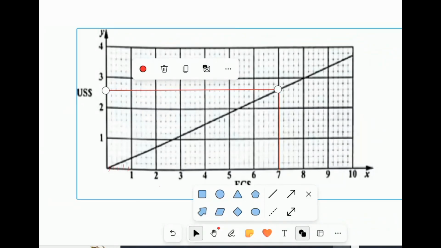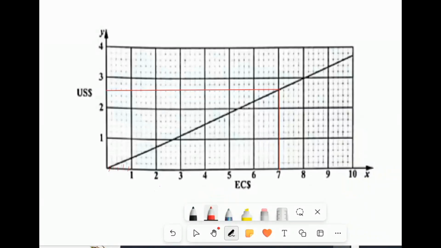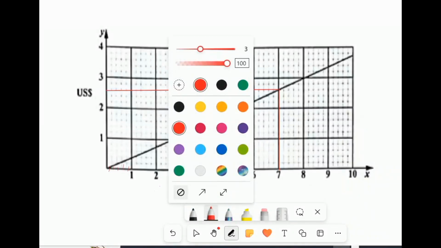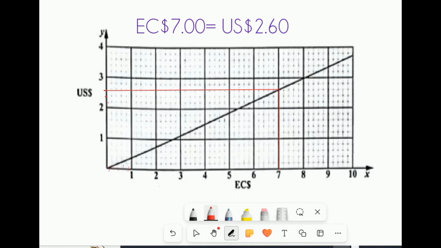There we go. So let's see how much it is. So right here is 2.2, right here is 2.4, and right here is 2.6. So EC $7 is equal to US $2.6.